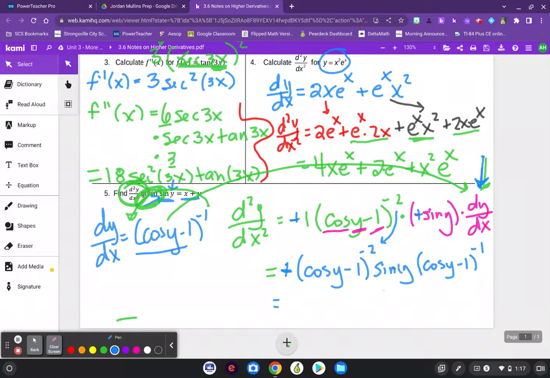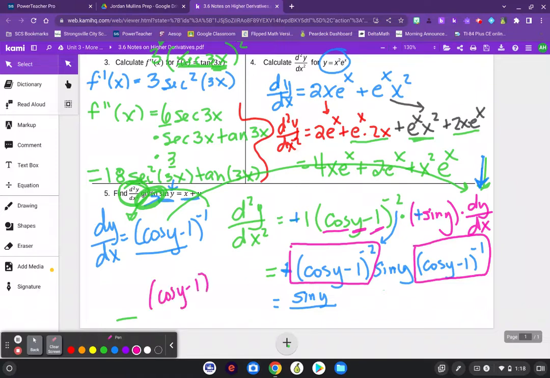I still have my sine of y that's being raised to a positive exponent. I can bring this down, or I can multiply them ahead of time. If I multiply them ahead of time, this becomes cosine y minus 1 to the negative 3. So when I bring this down here, I've got cosine y minus 1 to the positive 3. And that is all equal to the second derivative with respect to x.